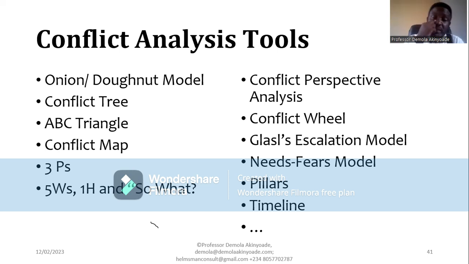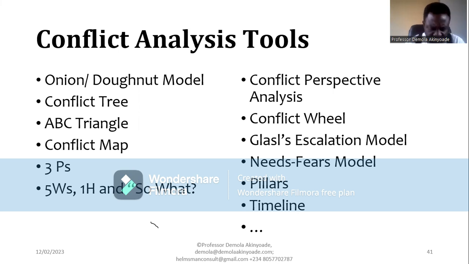Conflict mapping is a narrative tool. We ask certain questions and supply answers. Whereas conflict map is a pictorial representation of conflict, of parties in the conflict and the relationship between them. We have the 3 P's, we have the 5 W's, 1 H, and so what.